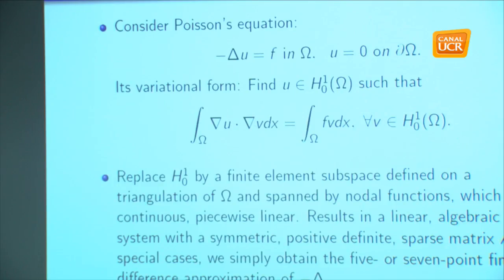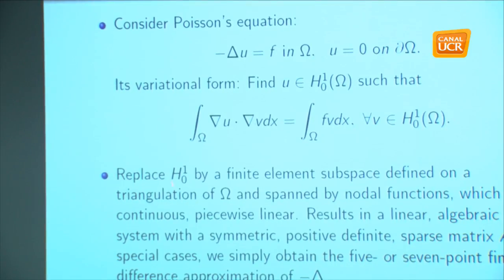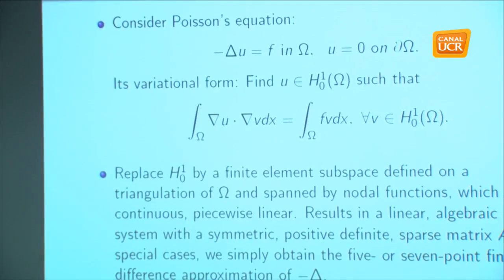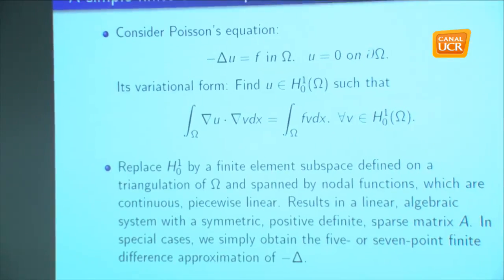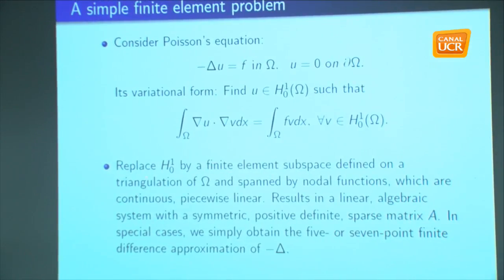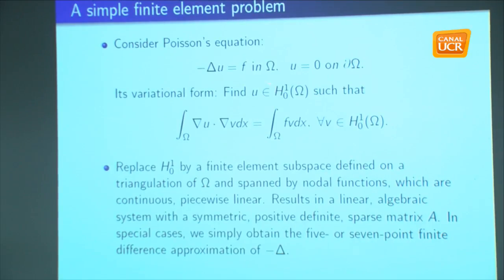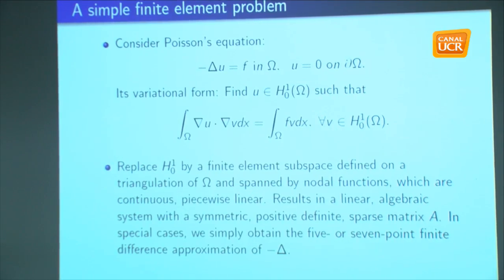To get a finite element model, we introduce a finite element subspace of this infinite dimensional space, which is defined on a triangulation of omega. That might be many triangles. The space is spanned by nodal functions. We have nodes, which are the vertices of the triangles, and in the simplest case continuous piecewise linear functions.